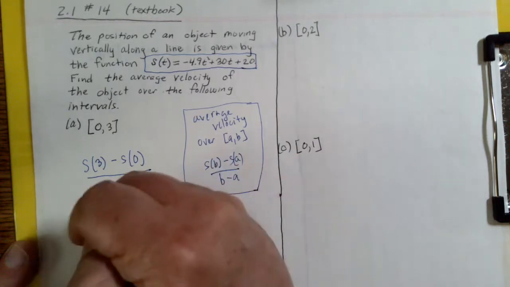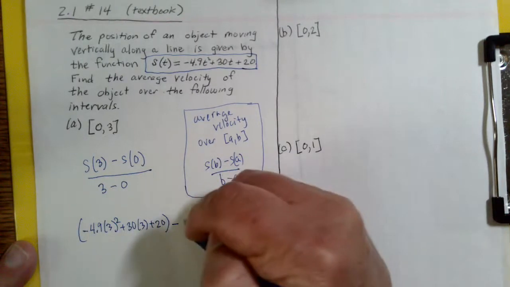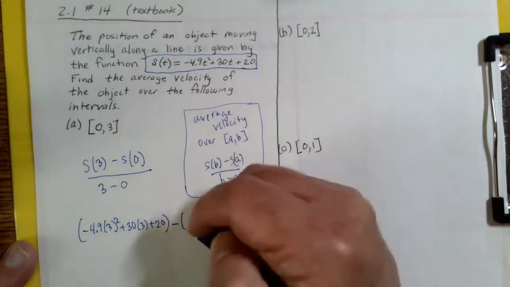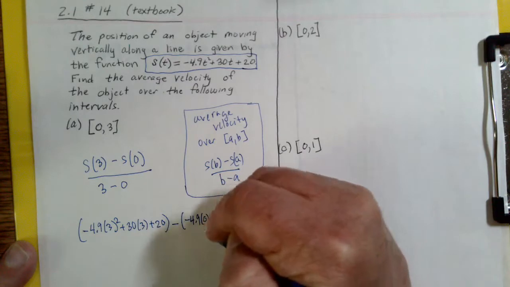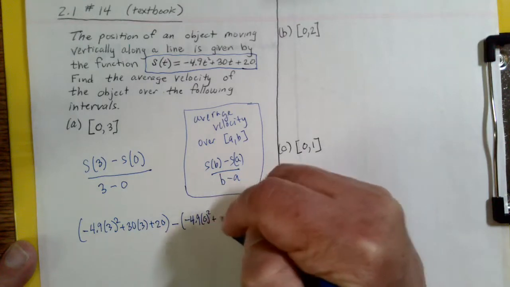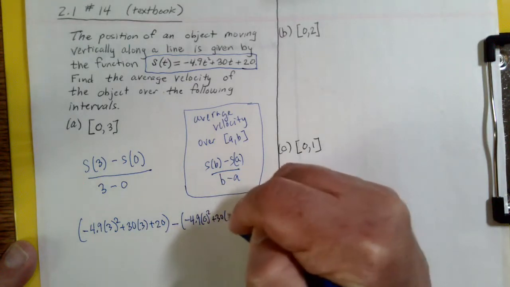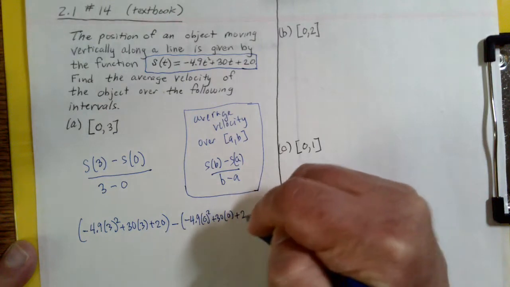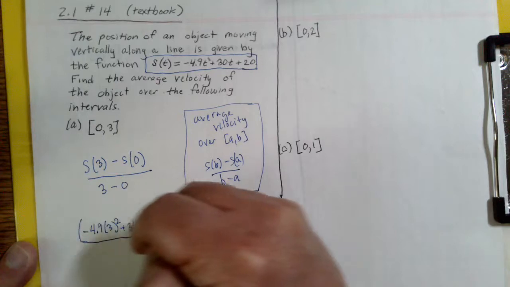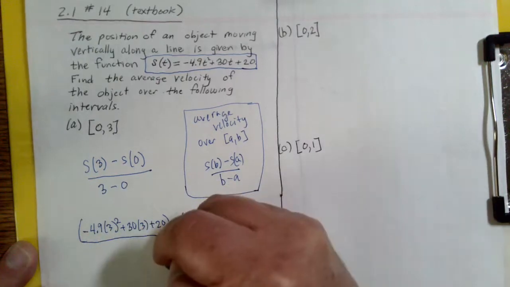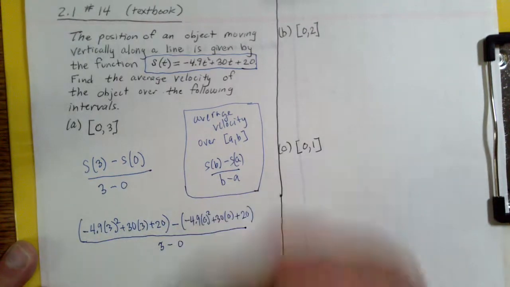Okay, I'm going to put parentheses around that. And then S of 0 would be that function evaluated at 0. And then the whole thing over 3 minus 0.